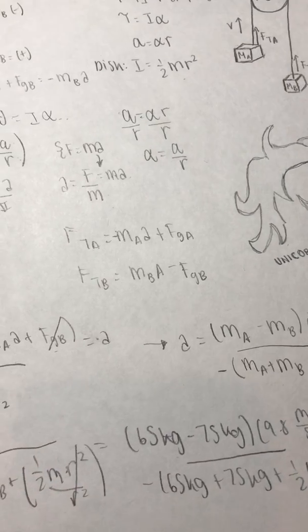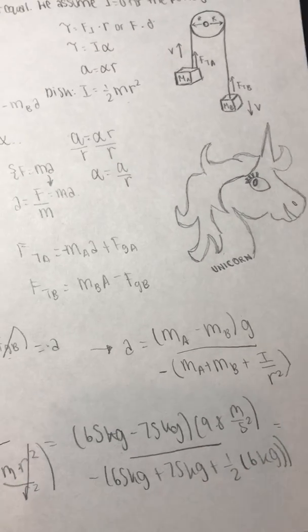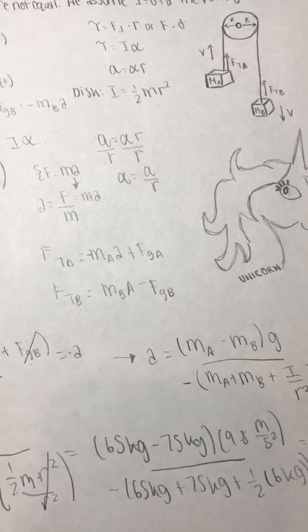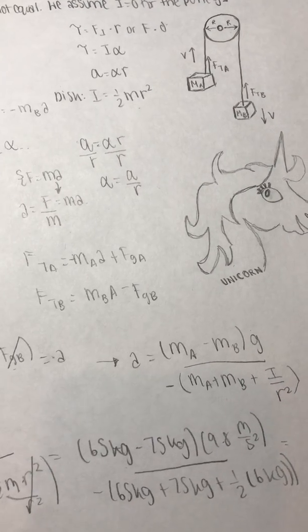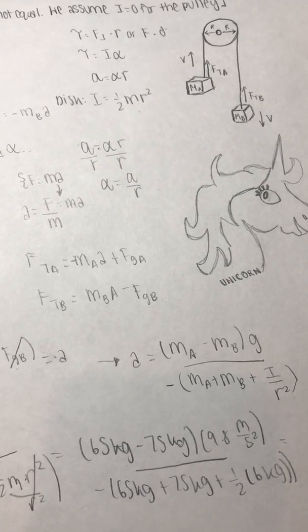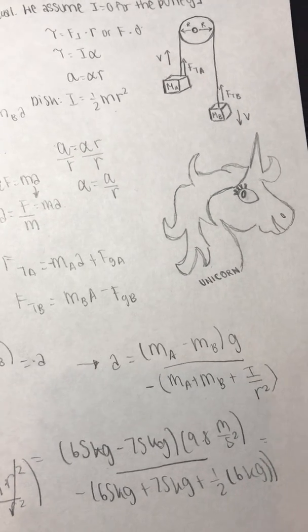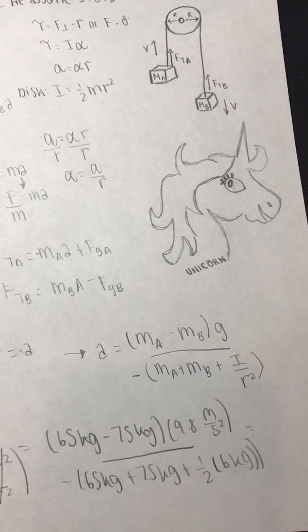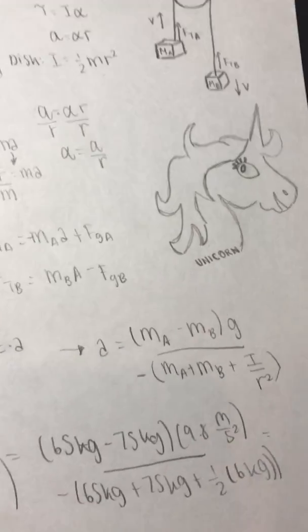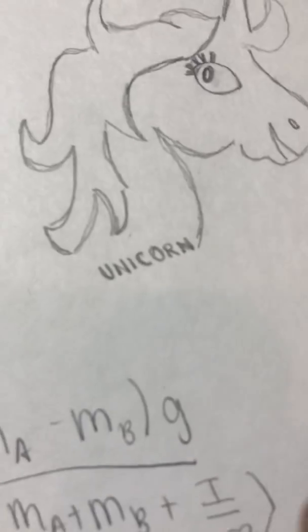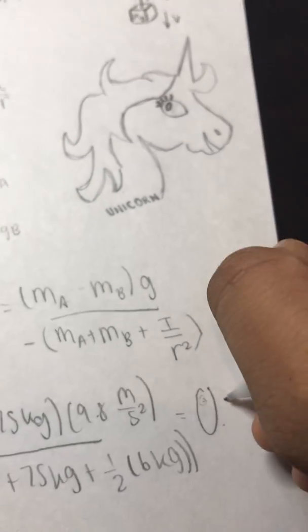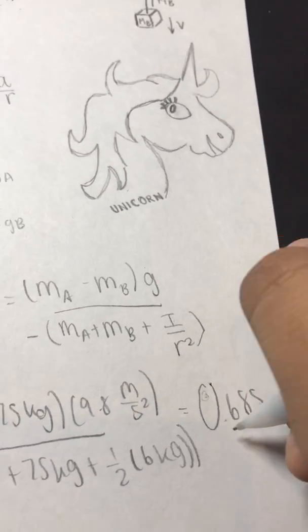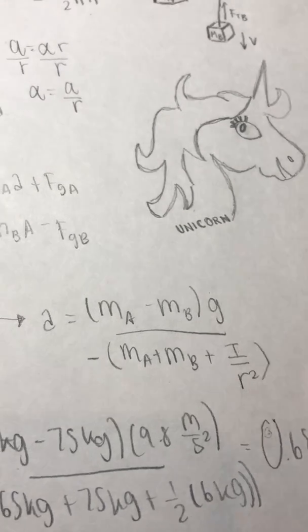we would get 0.685 meters per second squared.